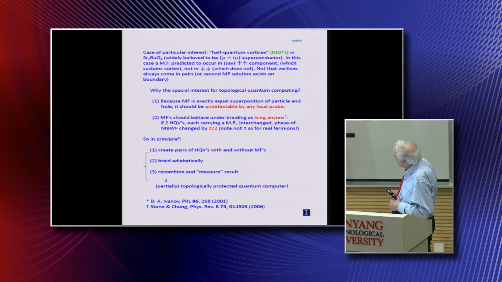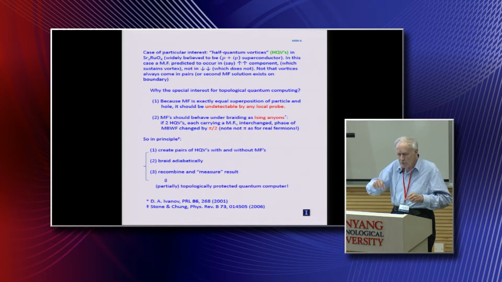The second point is that under braiding, again in the mean field theory, it's believed that Majorana fermions should behave as Ising anyons. Suppose we have two of these half-quantum vortices and there are no Majoranas around, we just have these vortices. If we then interchange these vortices, then our many-body wave function presumably just picks up a trivial phase, basically zero.